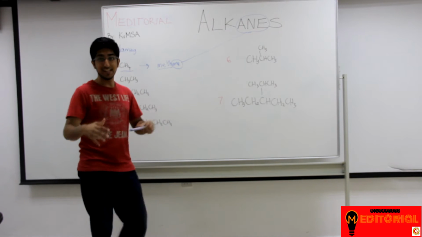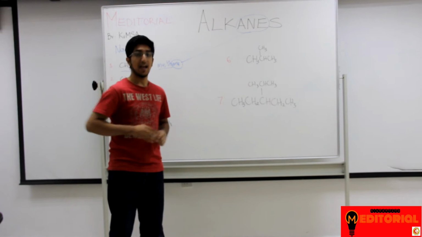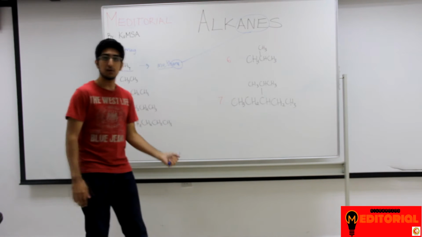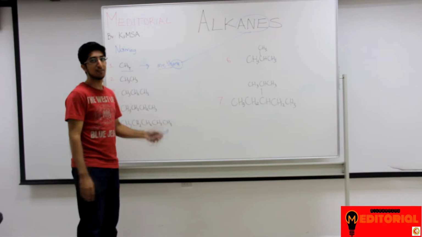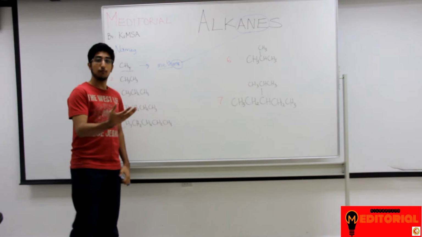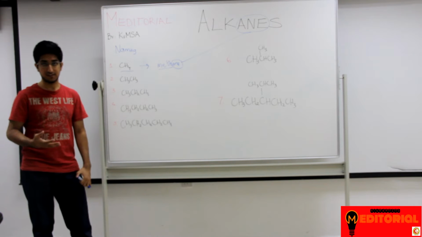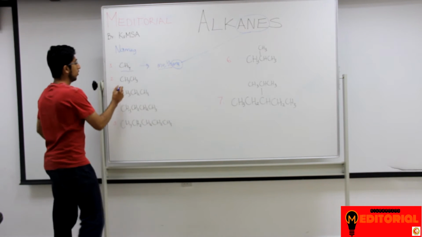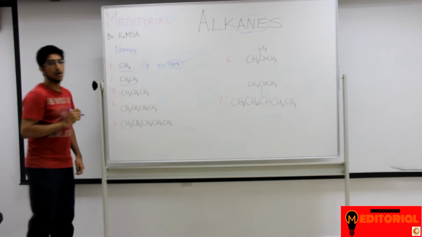You'll study alkenes in the next video. Alkenes end with ene, so all of their molecules will end with ene instead of ane. So each family has its own group, has its own suffix. For alkanes, it's ane. So this is methane. What about if you go 1 extra carbon?